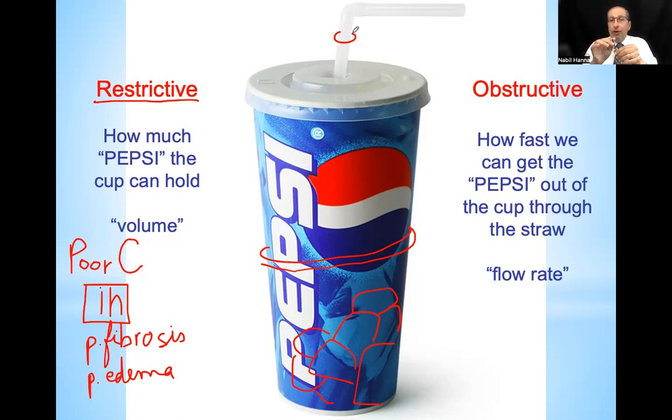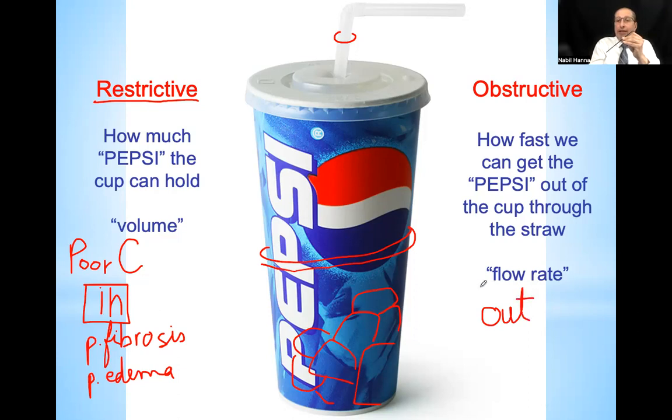It still has a lumen, but imagine yourself trying to get Pepsi out through this very, very tiny straw. That will be a problem. The cup is full of Pepsi, and you are thirsty, and it's hot outside, but your problem is you cannot get Pepsi out.